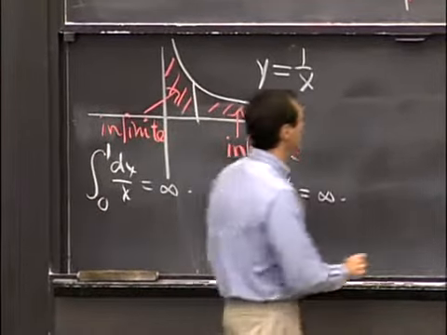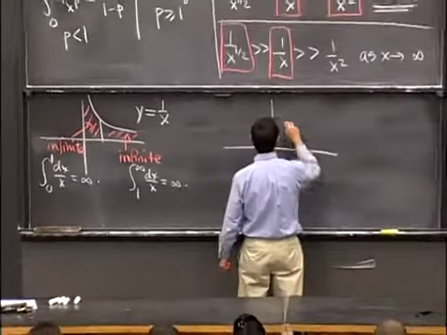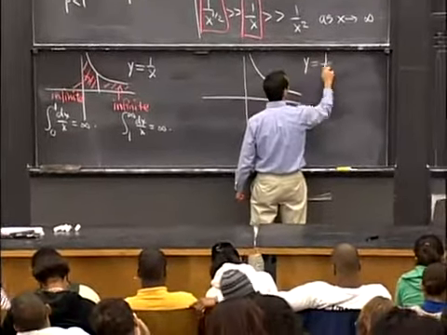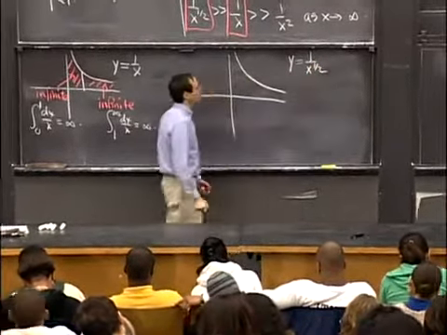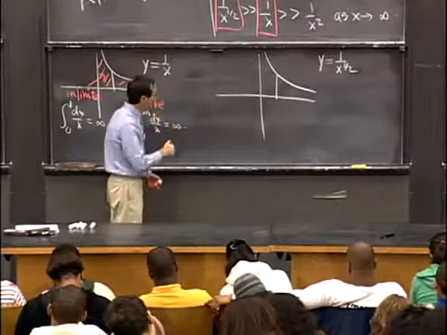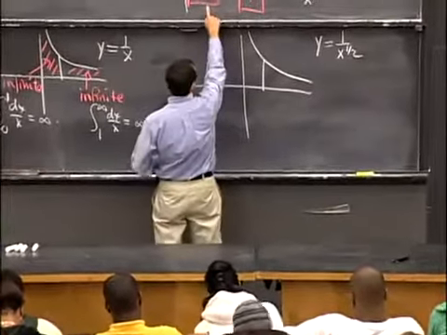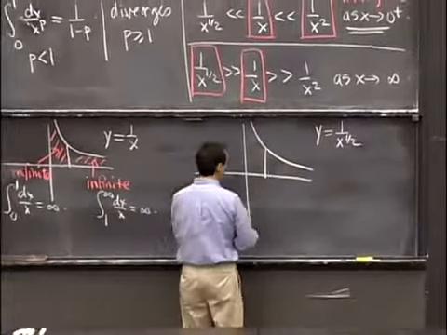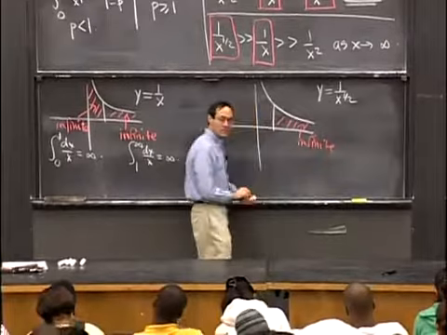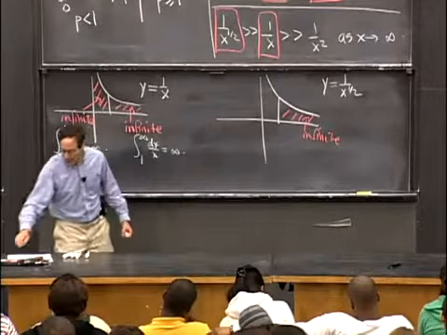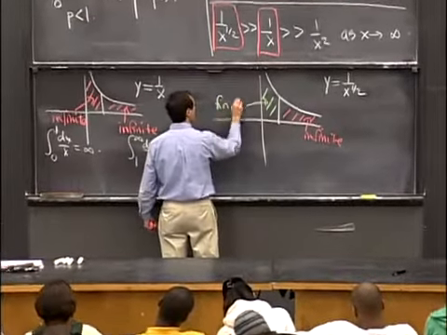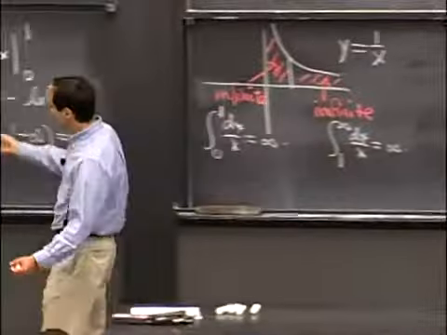On the other hand, if I take something like y equals 1 over the square root of x, y equals 1 over x to the 1/2, and I cut that in half here, then the x to the 1/2 is actually bigger than this guy. So this piece is infinite. And this part over here actually is going to give us an honest number. In fact, this one is finite. And we just checked what the number is. It actually happens to have area 2.